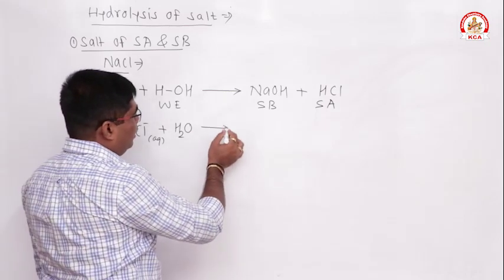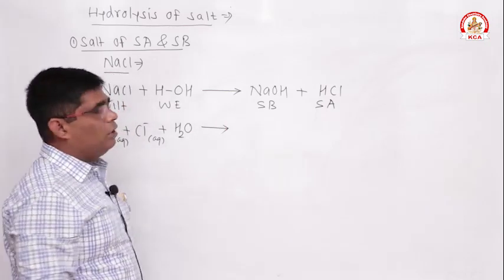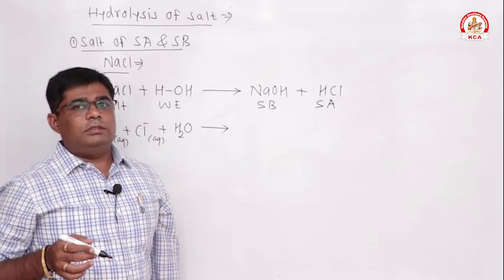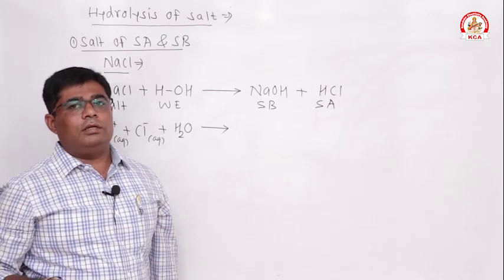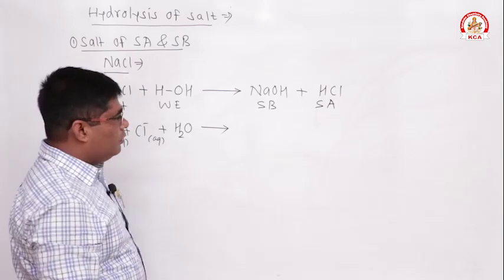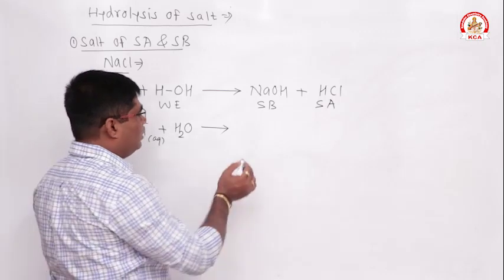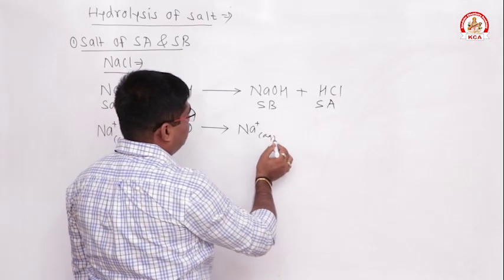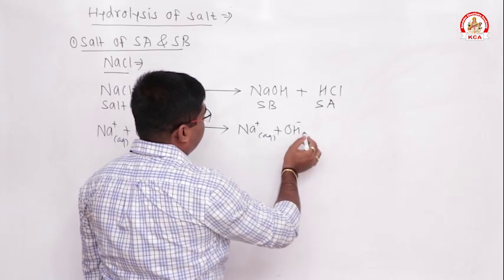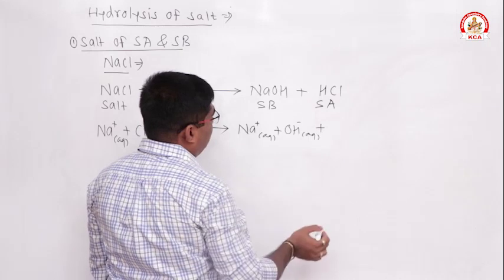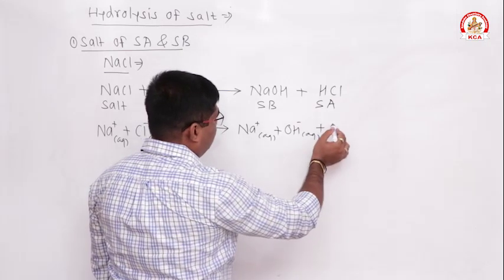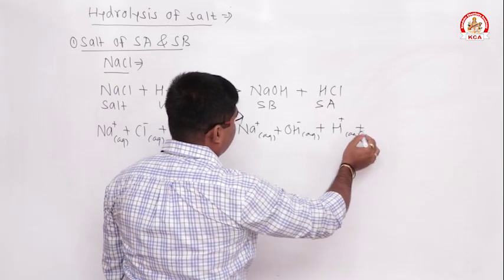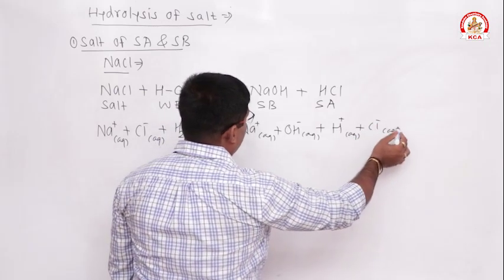Then NaOH. NaOH is the strong base. म्हणजे हायड्रोलिसिस प्रोसेसमध्ये त्याच इलेक्ट्रोलाइटचं डिसोसिएशन आपण दाखवणार की जो स्ट्रॉंग आहे. मग आता NaOH is strong base, dissociates almost completely. मग आफ्टर डिसोसिएशन और आयनायझेशन Na plus aqueous, OH minus aqueous. Then HCl, it is also strong acid, undergoes complete ionization, H plus aqueous, Cl minus aqueous.